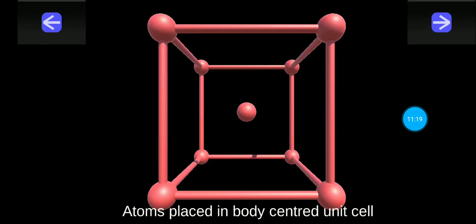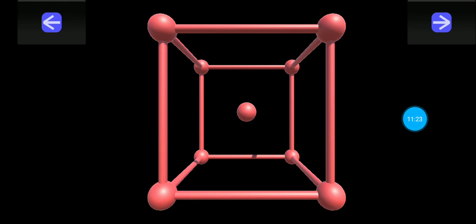So this is the structure of the simple cubic unit cell, the primitive unit cell, in 3D. After this, let us start with another structure, which is the body centered unit cell. What does this mean?